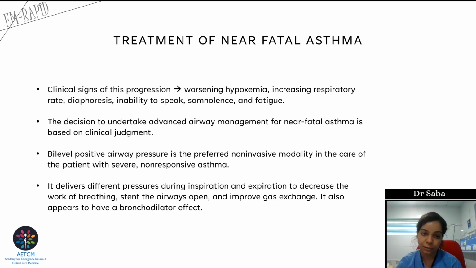It will also have some amount of bronchodilating effect too, which is why BiPAP is the preferred non-invasive modality for airway support, and early securing of airway is the key. And when we are planning on intubating the patient with asthma, the preferred agent for induction is ketamine.